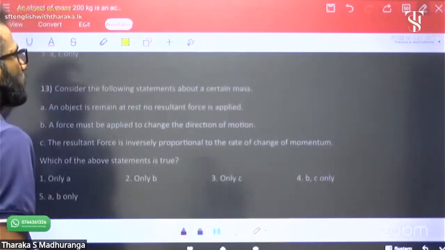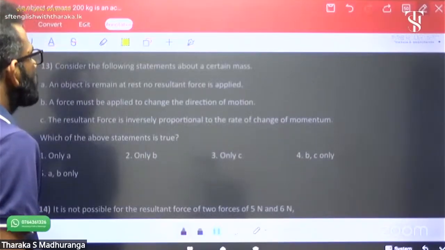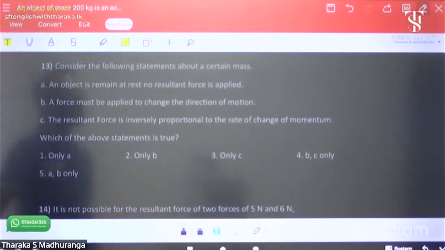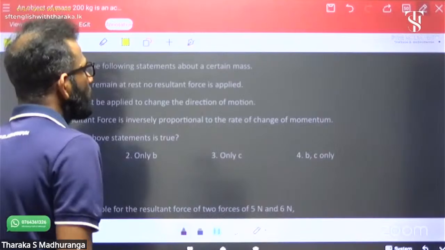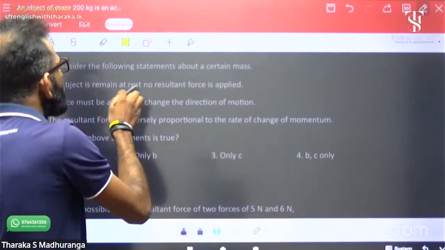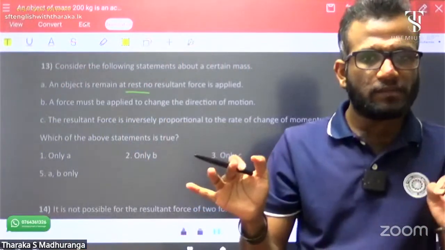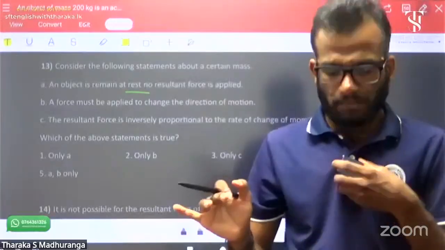Okay, question number 12, answer number 3. Consider the following statements about certain mass. An object remains at rest, no resultant force is applied. Okay, what do you think? The object remains at rest. Remaining at rest means which Newton's law? Sarmiya? Mithujan?